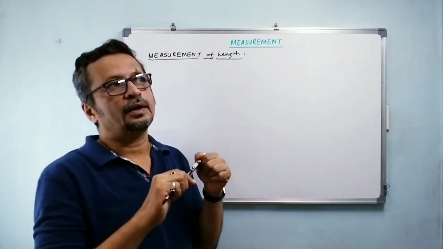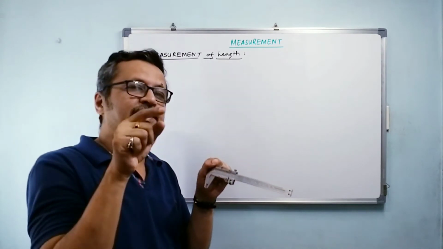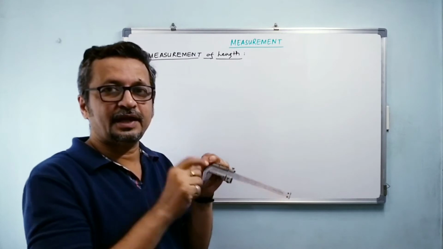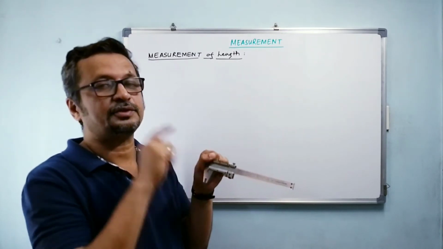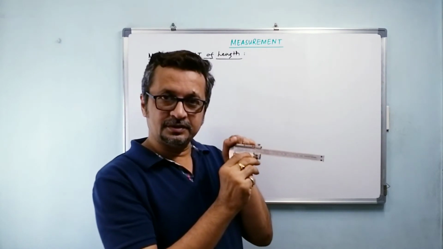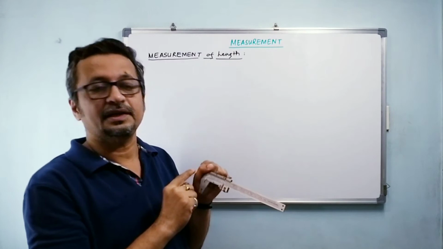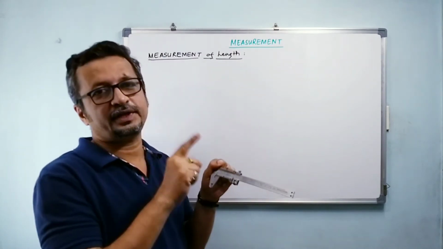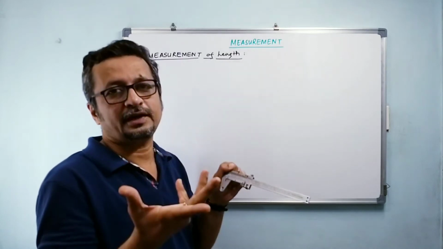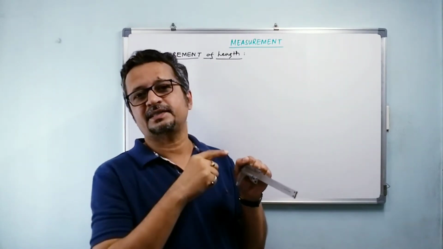So suppose I have 10 divisions here, and then those 10 divisions will match with 9 millimeter on the main scale. So 10 divisions with 9. If this has got 20 divisions, then it will match with 19 divisions on main scale. If it has got 30, 29, 40, 39, 50, 49. So it will match with 1 division less than that.